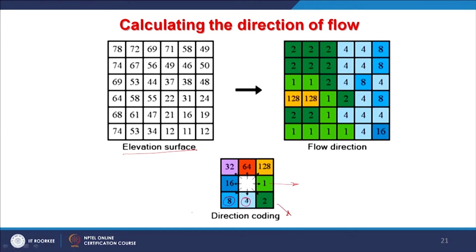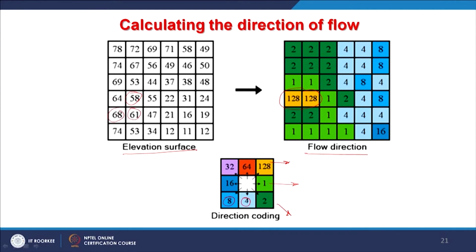So, when this 3 by 3 kernel moves all along over a digital elevation model, this is how we get a flow direction. So, 128 means it is flowing in the northeast direction. Now, let us see these cells: this is 58, this is 61 and 68.